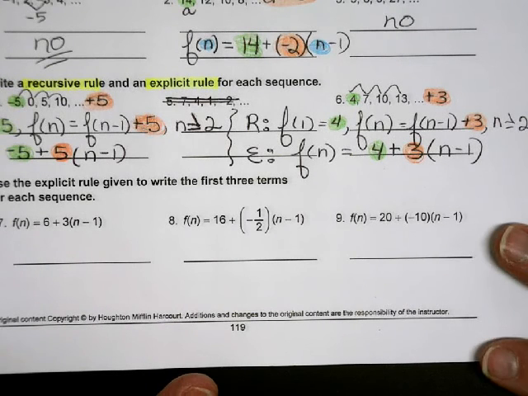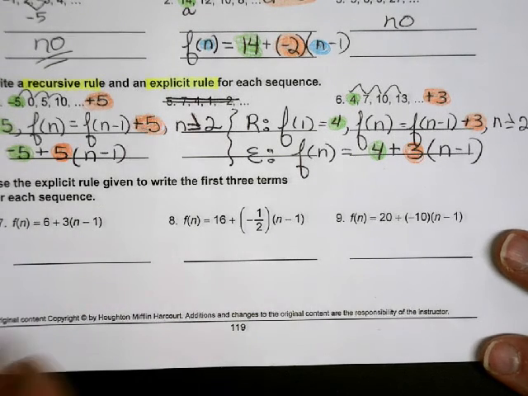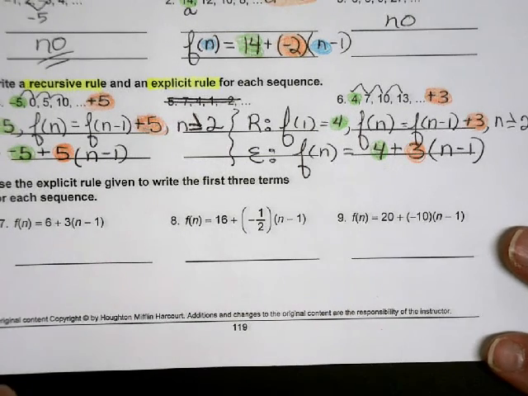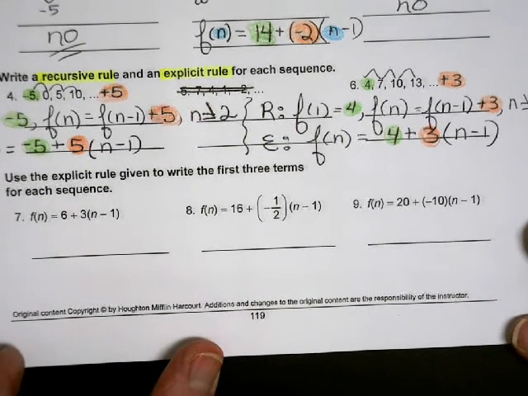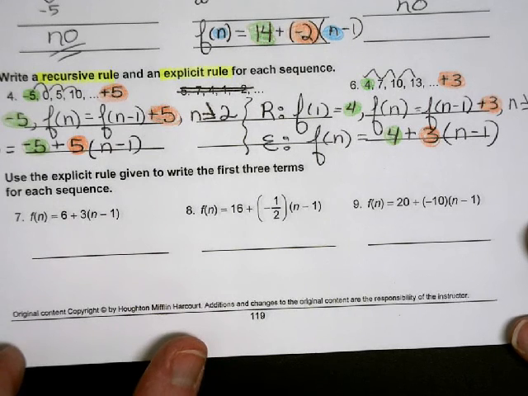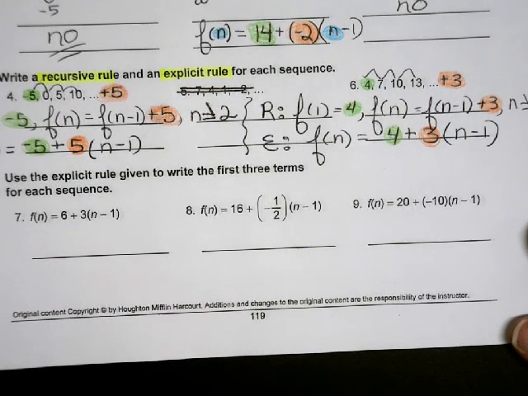See the 4, find the 3, finish. Now they're easing you into these term discoveries. They just ask us to use the explicit rule given to write the first 3 terms. Well, that was nice of them.